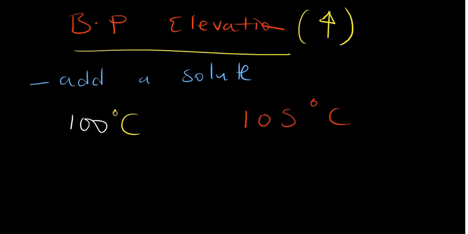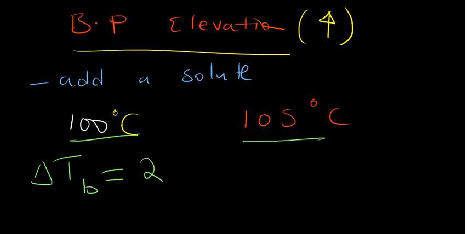That difference between the new boiling point and the normal boiling point is what we call the boiling point elevation, the difference. So if you find the boiling point elevation, denoted as delta T, it means that to find the new boiling point, you need to add it to the normal boiling point. And that is what the boiling point elevation is.